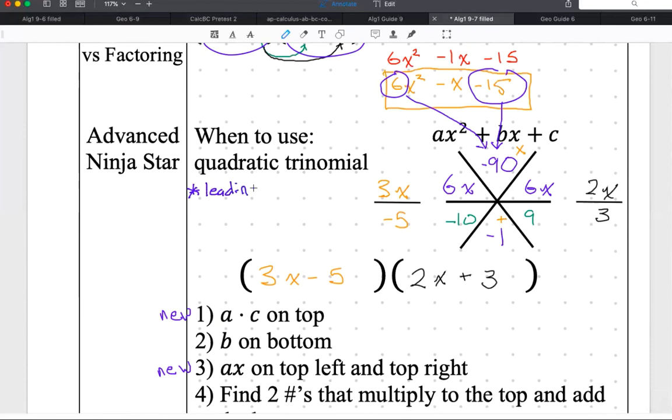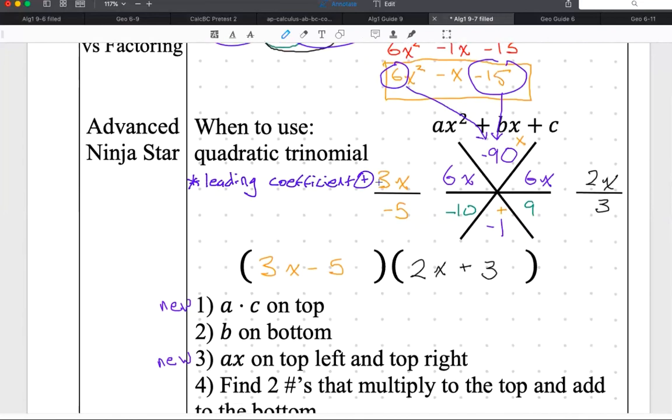Leading coefficient is positive. So I'll do a plus sign with a circle around it. The leading coefficient has to be positive still, otherwise it will always mess us up. So you can't use advanced ninja star if I have a -5x squared or something like that. I mean, you can try to use it. You will probably get it wrong though.